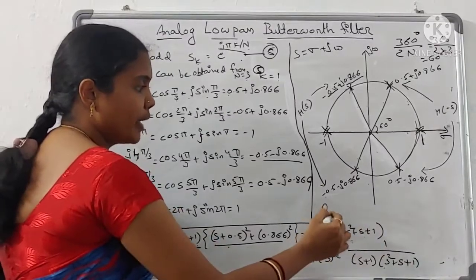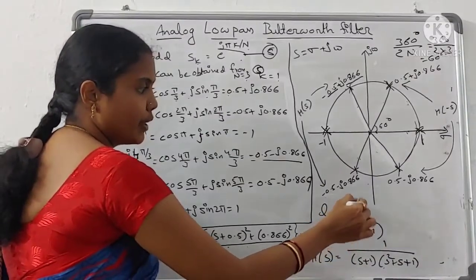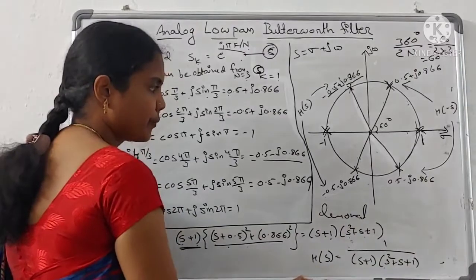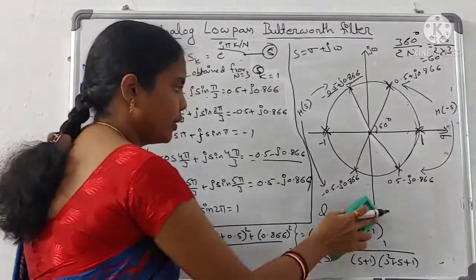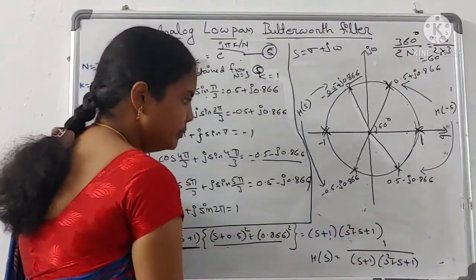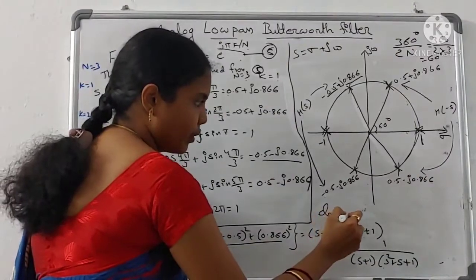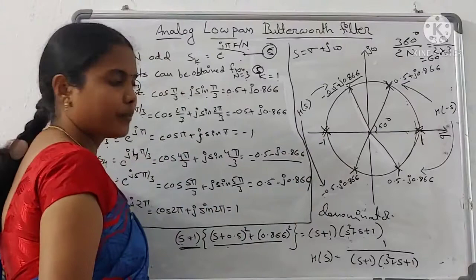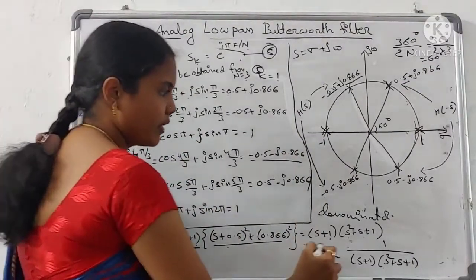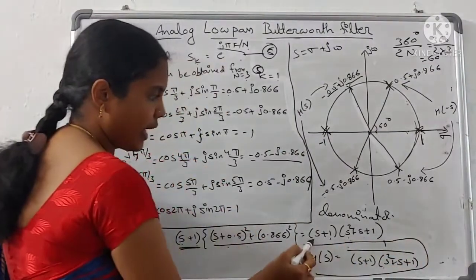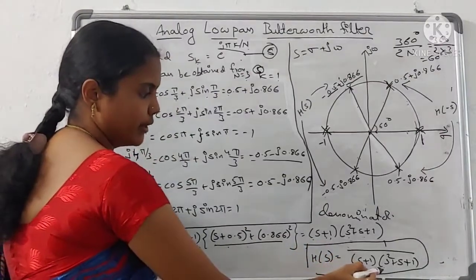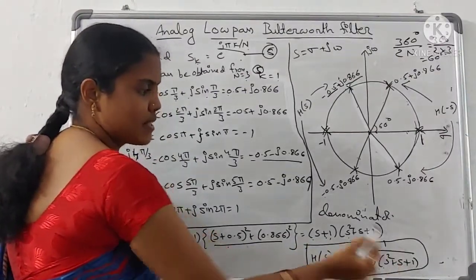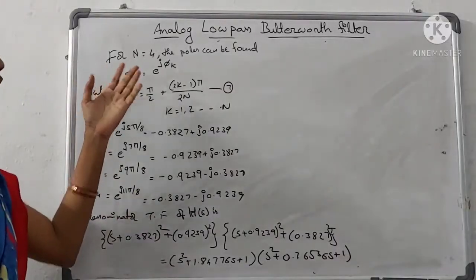This is the denominator part, denominator of h of s. h of s is now 1 by (s plus 1) into (s square plus s plus 1). Now we can find for n is equal to 4.